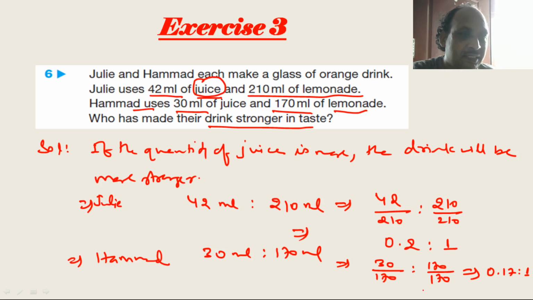So in this case, we found that Julie is using more, 0.2 parts. In place of Hamad, she is using 0. I do not know whether Hamad is a girl or a boy, so we will not use he or she here. Let us use the name only. Hamad is using 0.17, so Hamad is using less quantity of juice.